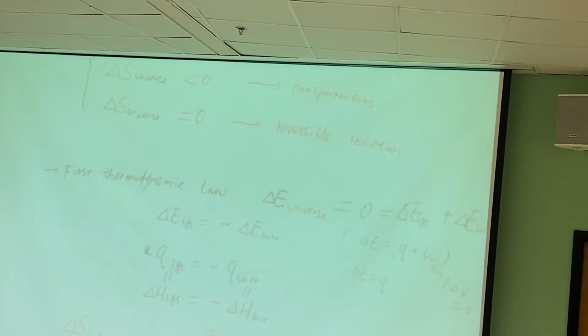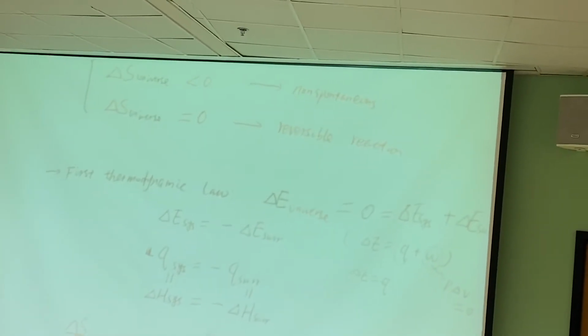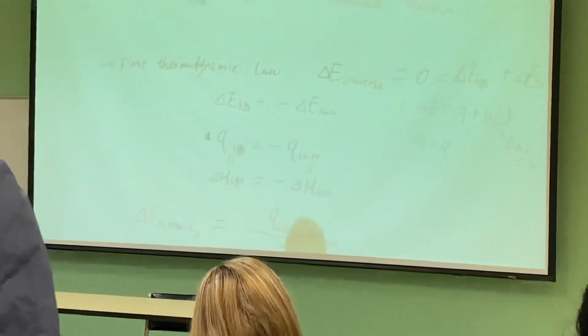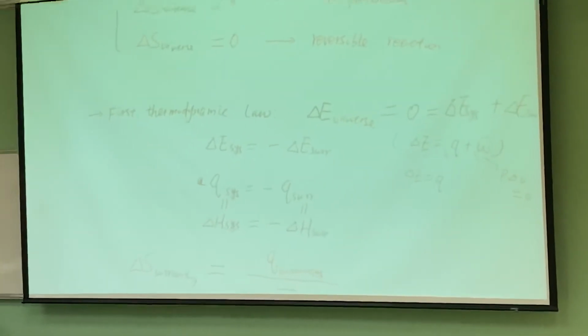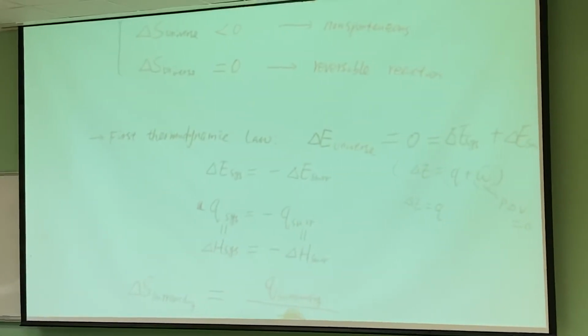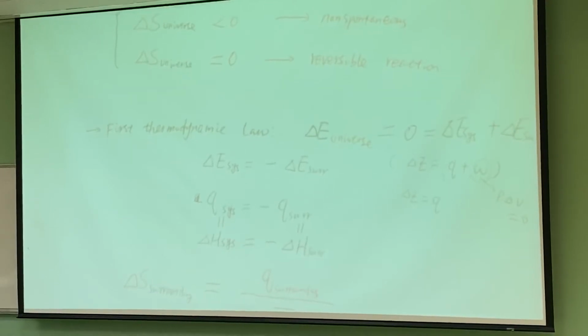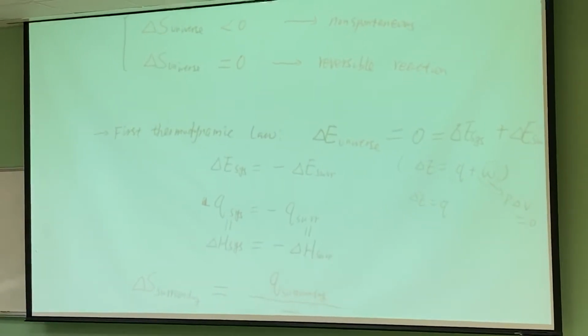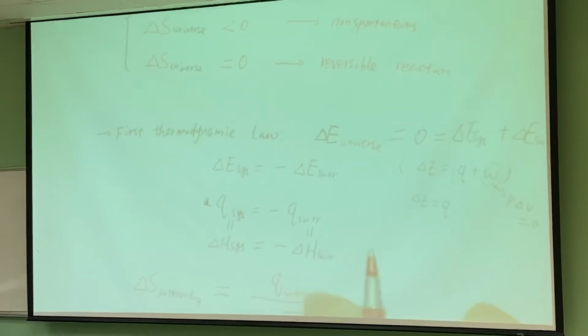That is why delta S has the unit kilojoule per mole per K, because you use energy divided by K. Since usually we start with the system and we don't know what happened to the surrounding, we want to convert this to the system.